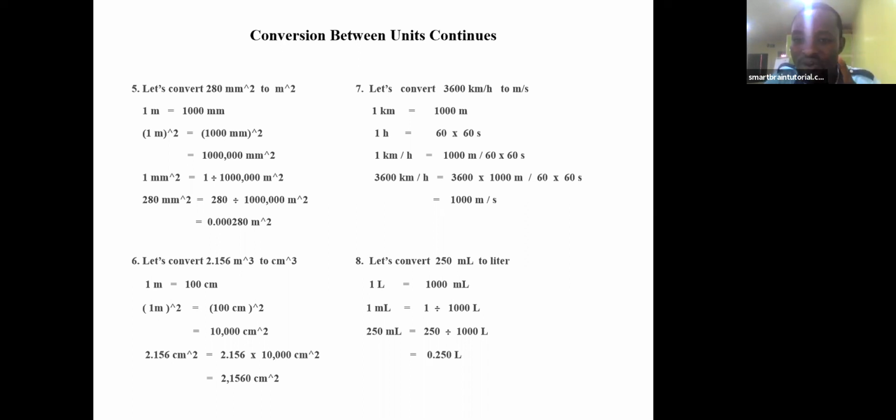And again, 1 hour is equal to 60 times 60 seconds. That means 1 kilometer per hour, which means 1 kilometer divided by 1 hour, is equivalent to 1,000 meter for the kilometer to meter, over 60 times 60 seconds for the hour to second.